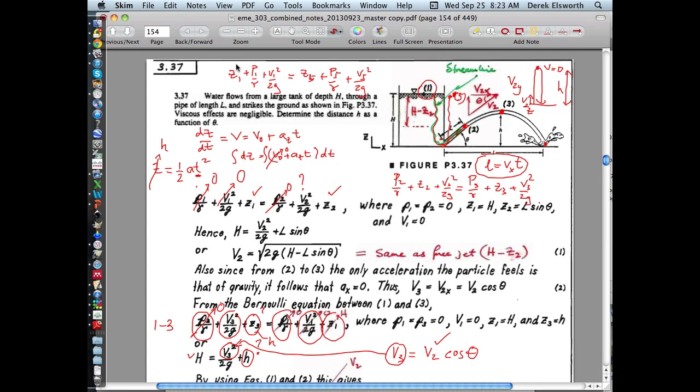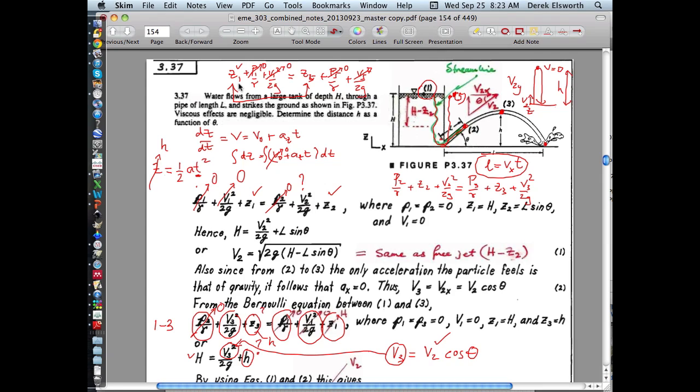So you know Z1, you know P1 is 0, and you know, because it's a big tank, that V1 is also 0. You don't know Z5, but you know the pressure at this point has to be 0 as well, and you're looking for a place where the velocity is 0. So the only solution where that is true is where Z1 and Z5 are the same.